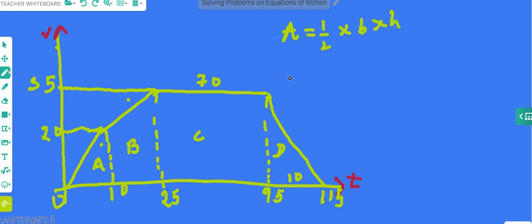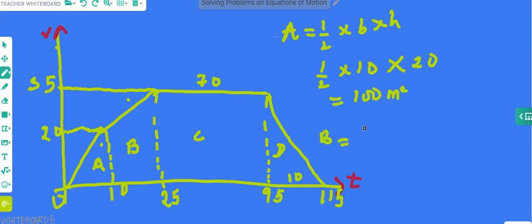The base is 10, so it's going to be half times 10 times height. The height is 20, that is times 20. So our answer here is 100 meter square.